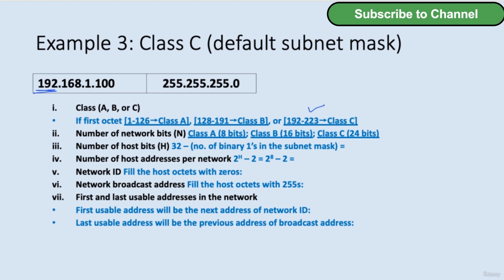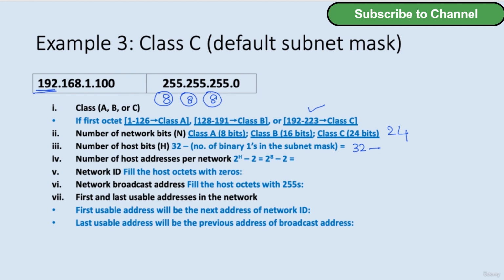Since it's a class C IP address, it will have 24 network bits, and the number of host bits will be 32 minus the number of binary ones in the subnet mask. You can see 255 is 3 times. First 255 will convert into 8 binary ones, second 255 into 8 binary ones, third 255 into 8 binary ones.